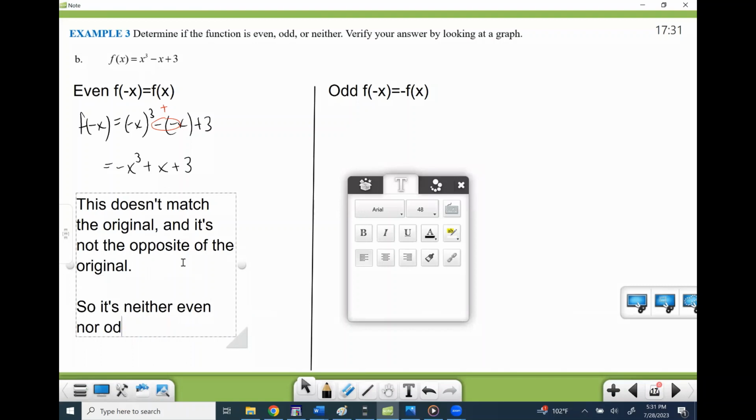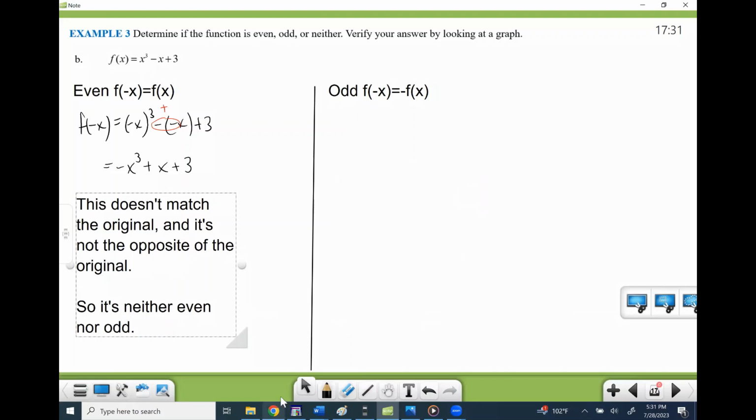Even nor odd. And I feel like I should maybe shorten this up a bit so I can just put that in the middle of all of them.